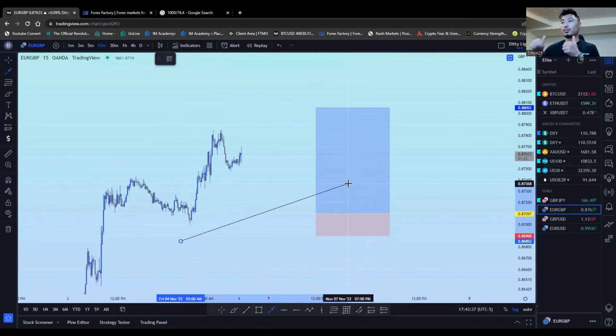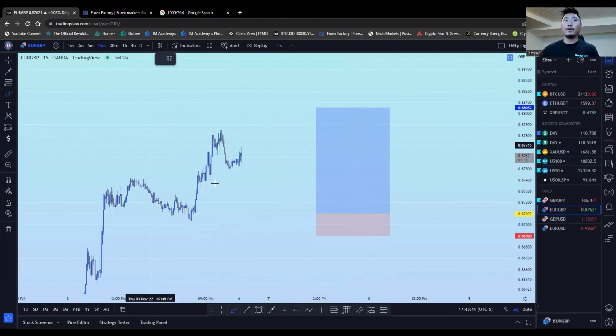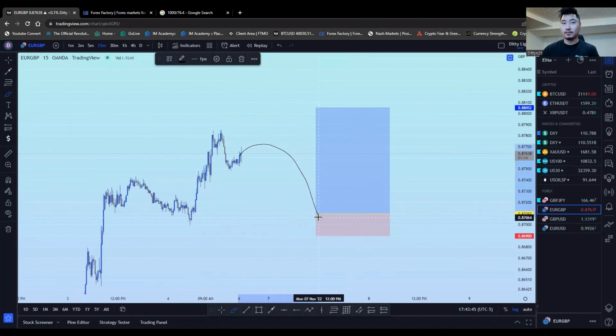So you can program an order, and when the price hits your pending order, it will activate your trade. It doesn't mean you're automatically going to be in profit. It just means that it will activate your buy position.